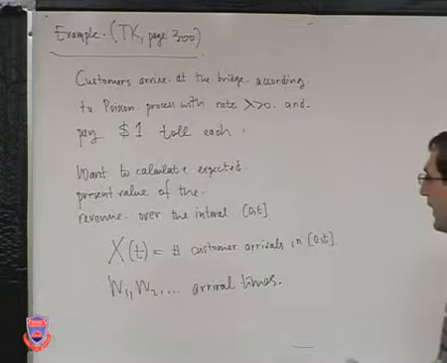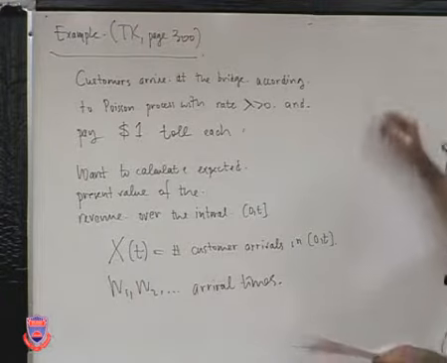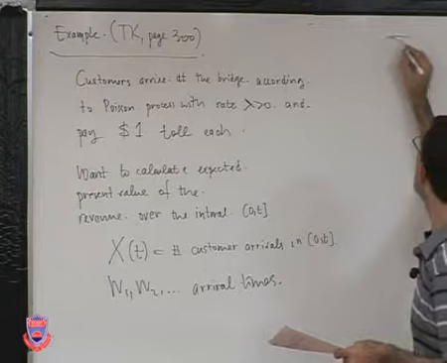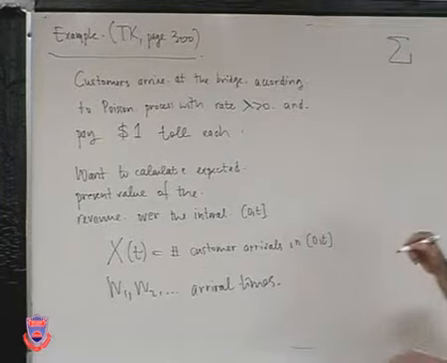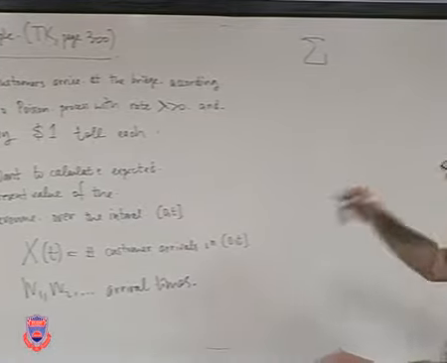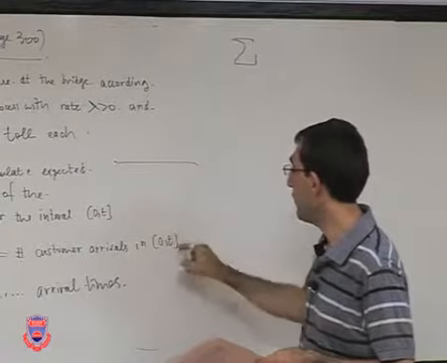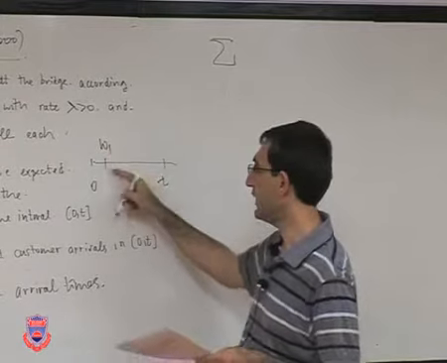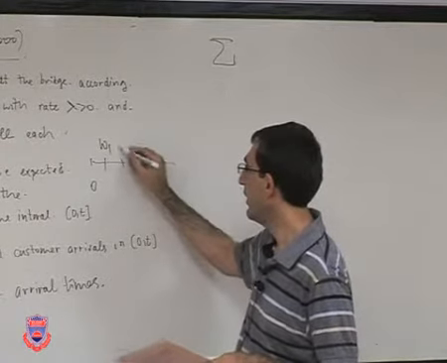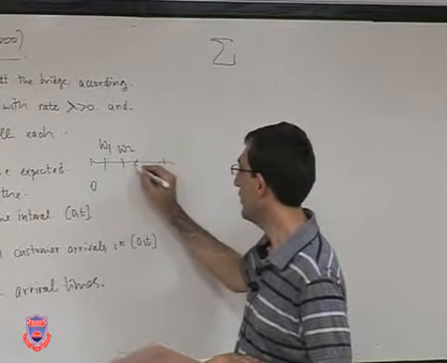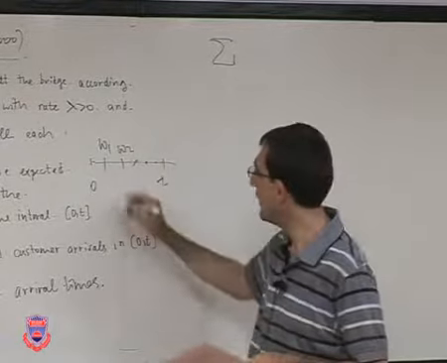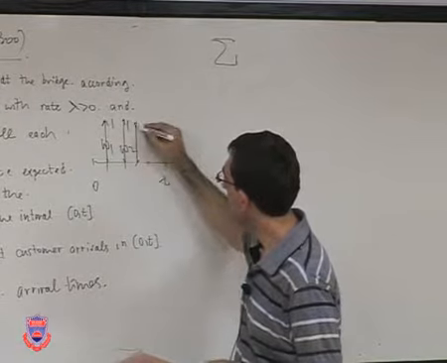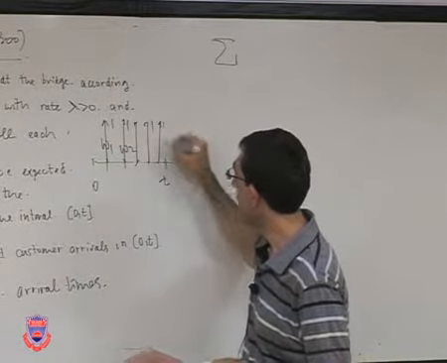And then I guess we can now write the present value of the tolls paid in the interval from 0 to t. Customers will come, the first customer somewhere before time t, the second customer, and so on. We have these arrivals, and at each of these times you have $1 of revenue you made.